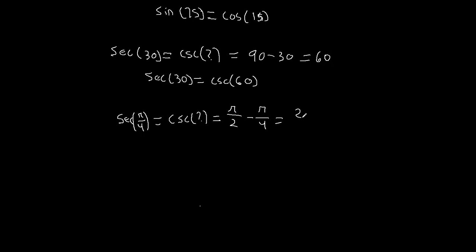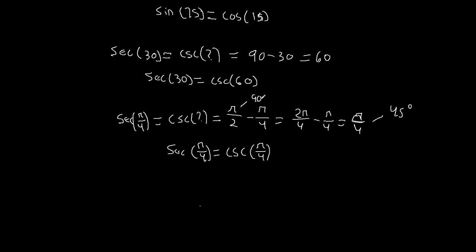So that's going to be 2 pi over 4 minus pi over 4. Subtract the numerators, and it's going to be pi over 4. So in this case, the secant of pi over 4 is equal to the cosecant of pi over 4. Switching this back to degrees for a second, this is 45 degrees, because pi over 2 is 90.